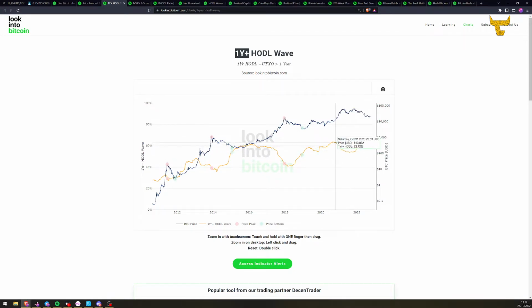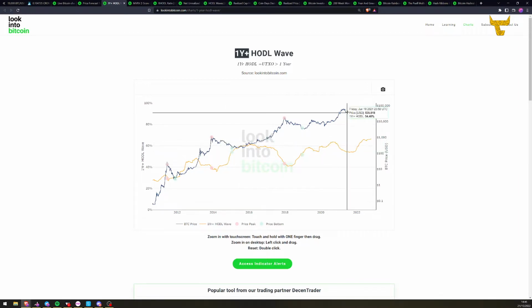What is interesting here is that we usually see a decrease happening until the top and starting the downtrend, and people start to accumulate again during the downtrend.